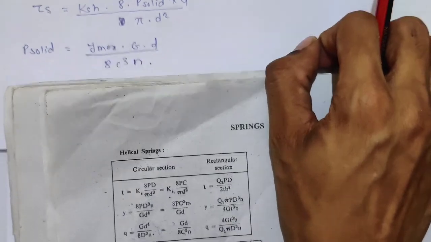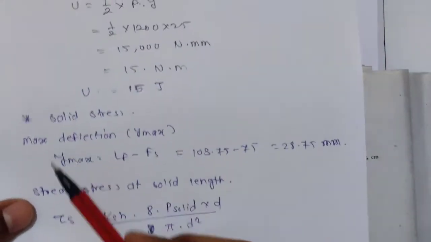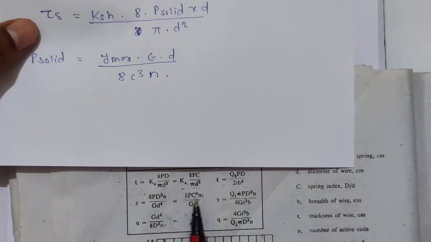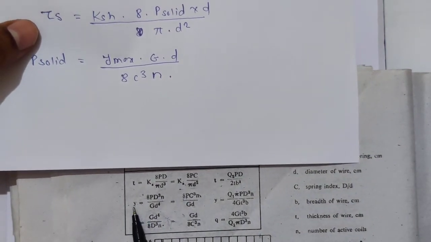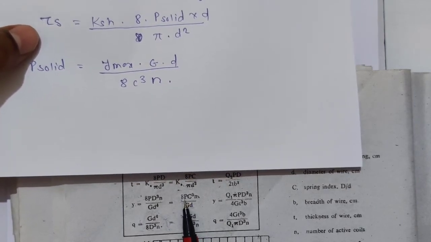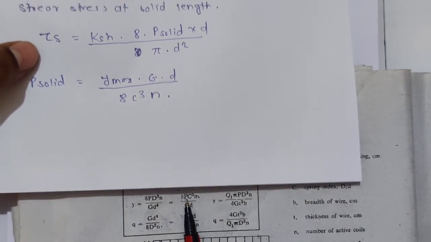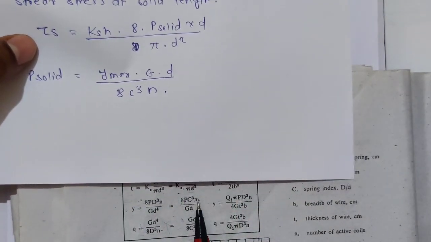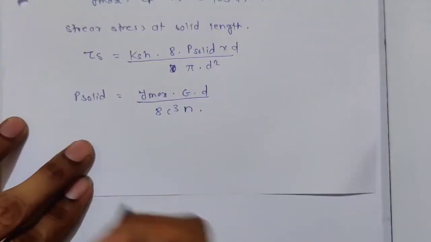If we have solid length, we already have y max, so we can use the same formula, y is equal to this. Here we are using y max, so P solid will be y max into GD divided by 8c cube n. So just put the values.